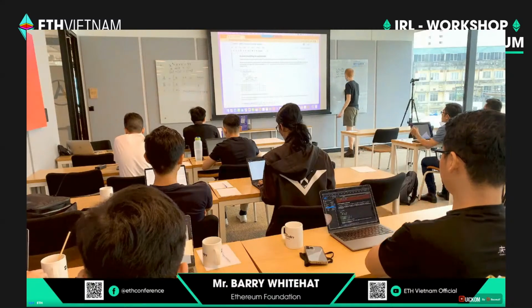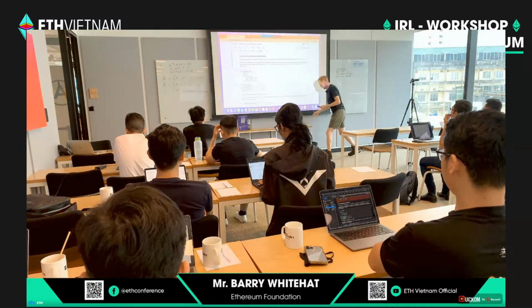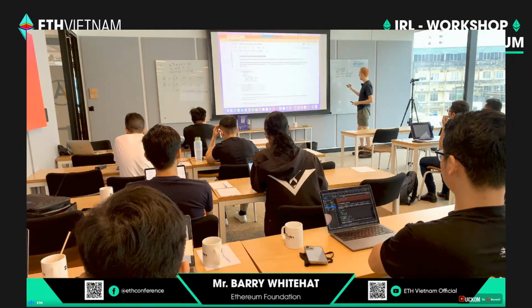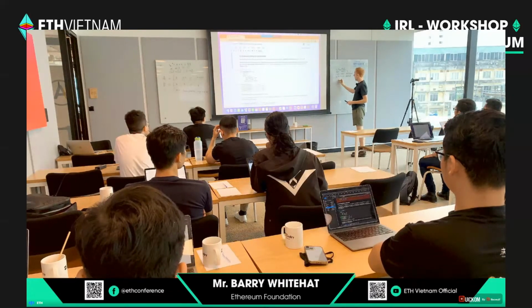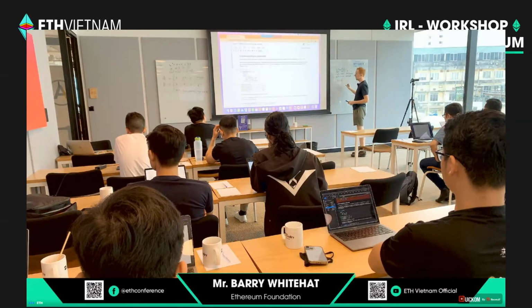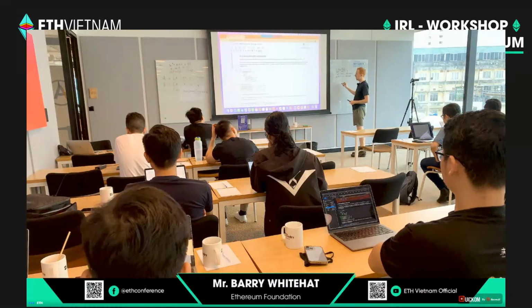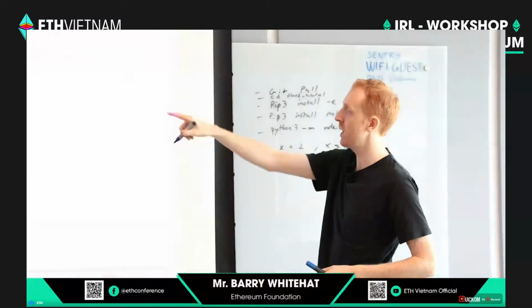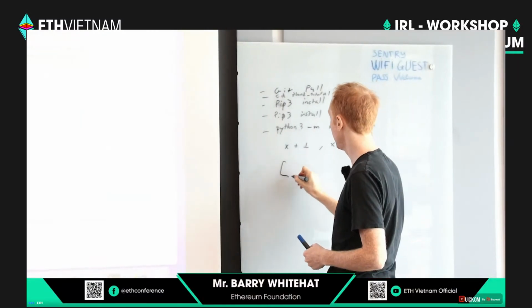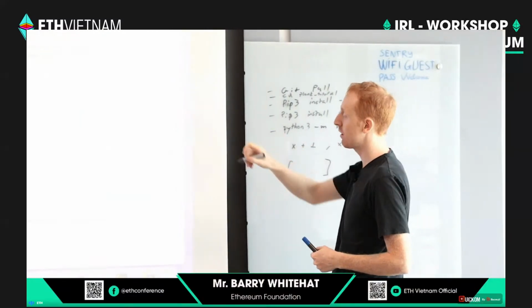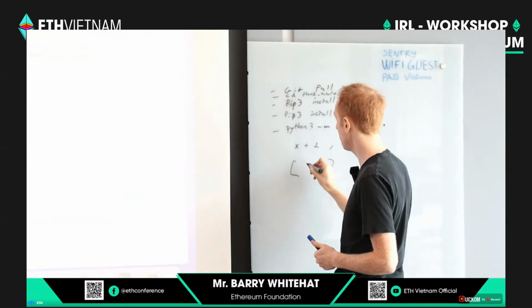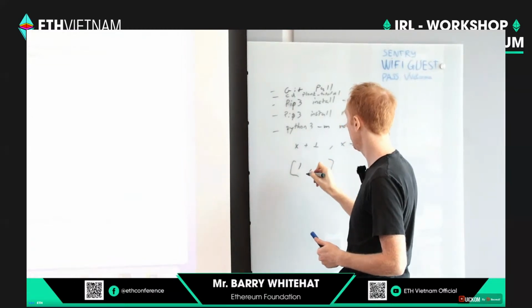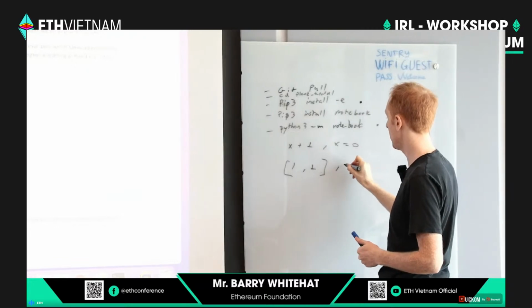Let's say the polynomial is x plus 1, and we evaluate it when x equals 0. The inputs to this eval polynomial are the coefficients, which in this case are 1 and 1, and the value of x, which is 0.